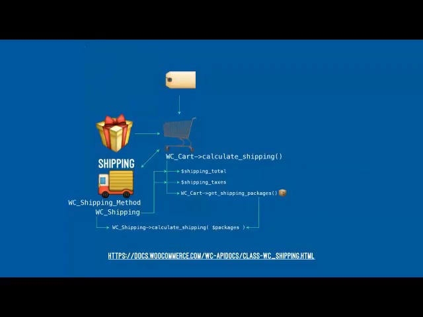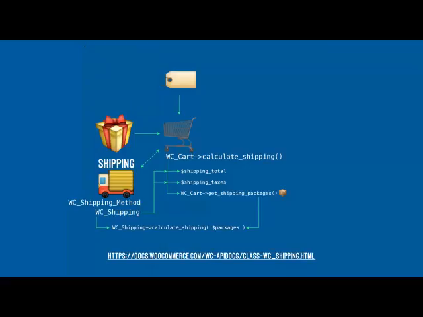That includes the product line items, the coupons, taxes and other things that are in the cart, and then create this thing called a shipping package. It then passes that to a new class called WC shipping, which is a class specifically for calculating shipping based on a set of packages, into a calculate shipping, appropriately enough named method, of the WC shipping class.